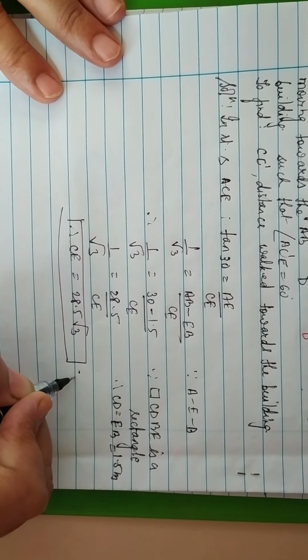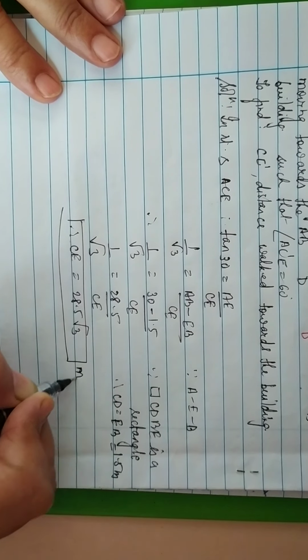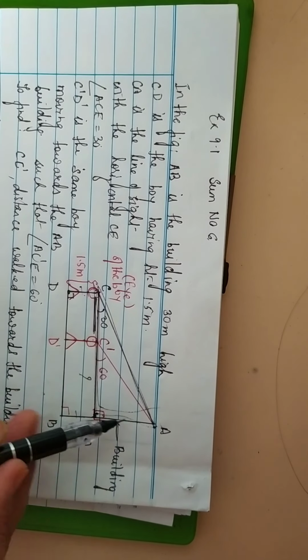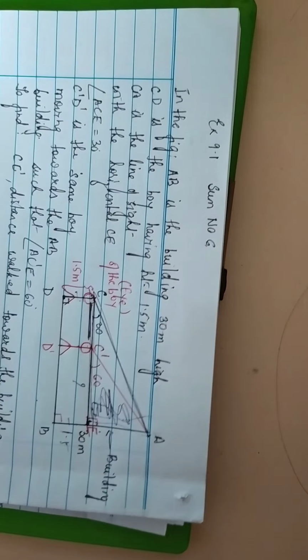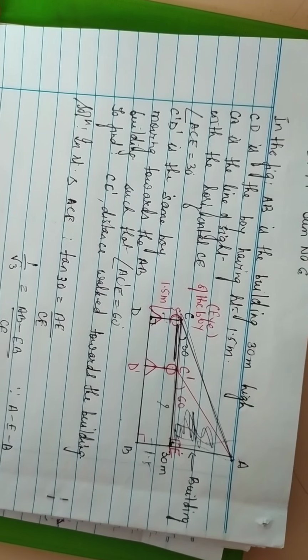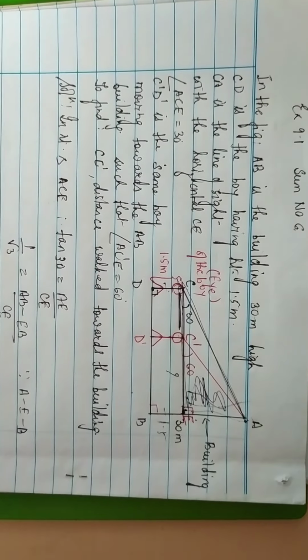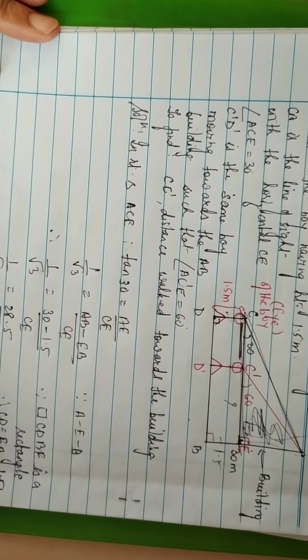CE is 28.5 root 3 meter. Now we come to the smaller triangle, that is triangle AC'E. There also we are going to apply the tan trigonometric ratio.